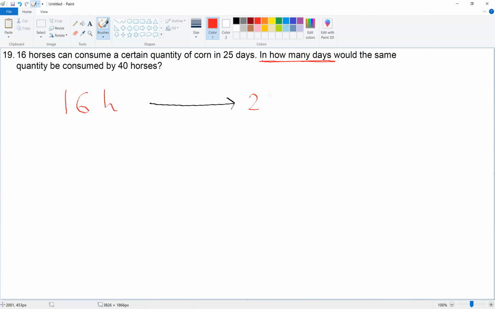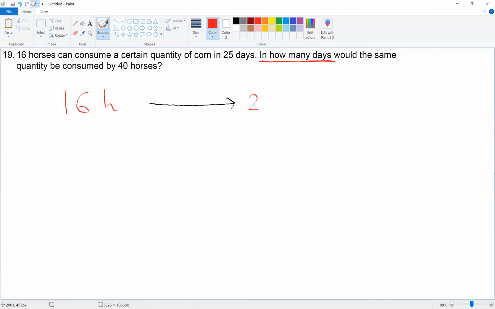No, it's not. Hold on. 16 horses, 25 days. If I have only one horse, wouldn't that last more days? Yeah. So should I do division or multiplication? Multiplication. So you have to be careful. Next.